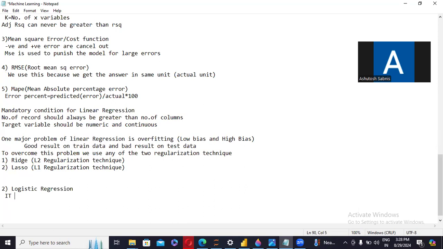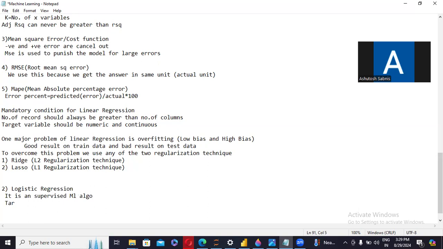In this case, the target variable is always binary, 0 or 1, or true or false. In linear regression, the target variable was real and continuous. You note the difference here: in logistic regression, the target variable is only binary.